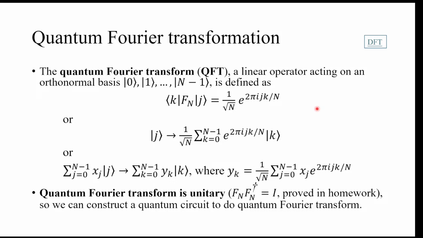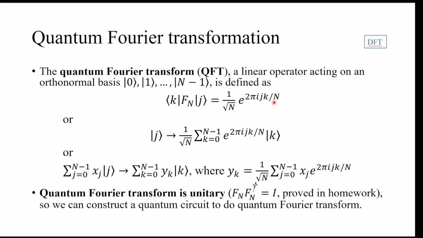So we define the quantum Fourier transform as a linear operation that takes an input state and applies Fn and gives you some output state. In quantum mechanics I guess this definition is more natural. You have some computational basis element, and then you do your operation. It should give you some quantum state.